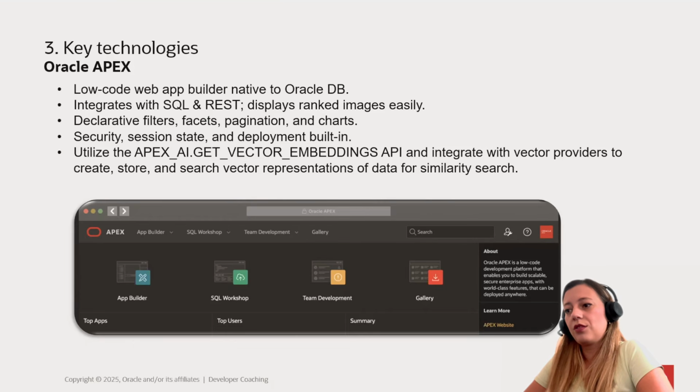But it also provides seamless integration with most of the Oracle database features, and in this case with vector search. For this, we have vector providers and APIs that we can use to leverage these capabilities. You see on the slide an example, the APEX_AI get vector embeddings API that can be used to easily generate vectors from the data.